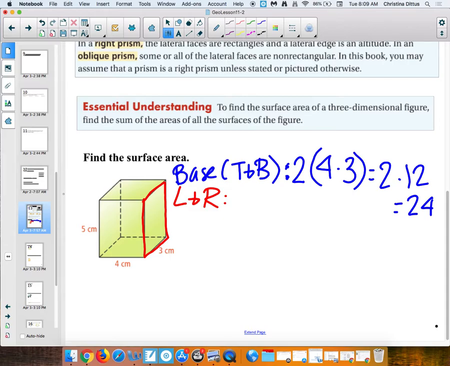There's 2 of them. My left and my right are the same. So I have 2 that are 5 by 3. 5 times 3 is 15. So I have 2 times 15, which gives me 30. Sorry, this is kind of everywhere.